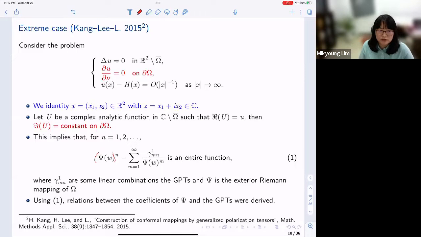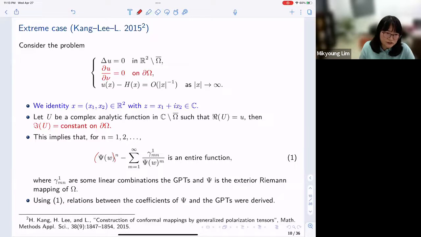From now on, we identify x in R2 with the complex z = x1 + ix2. Let capital U be a complex analytic function in the exterior of omega, such that the real part of capital U equals this solution u. Then from the boundary condition, the imaginary part of U is constant on the boundary of omega.